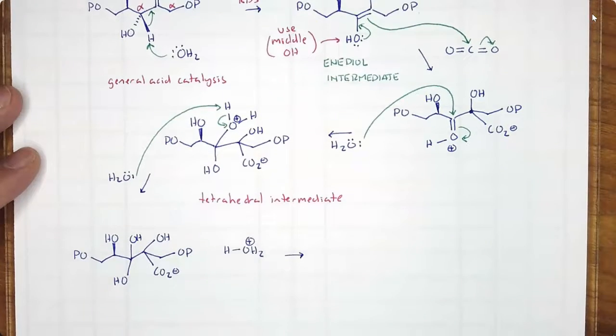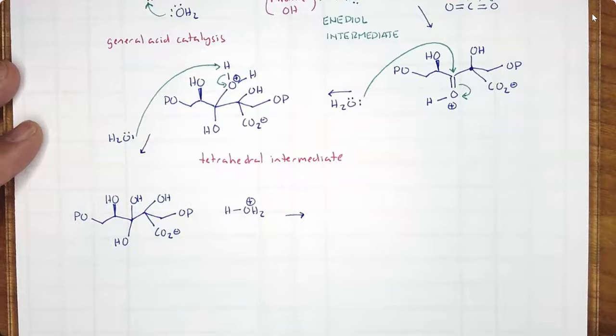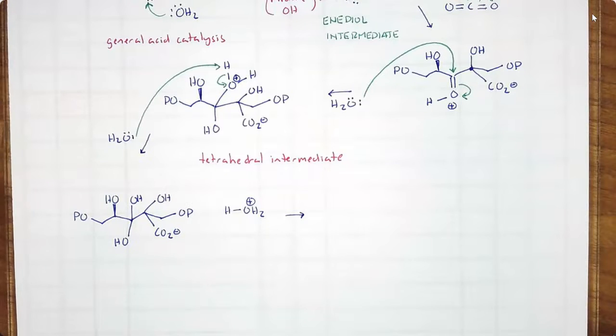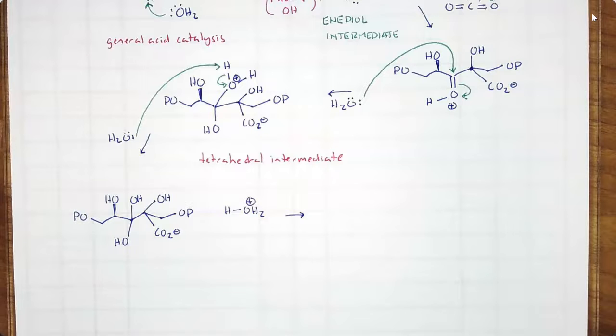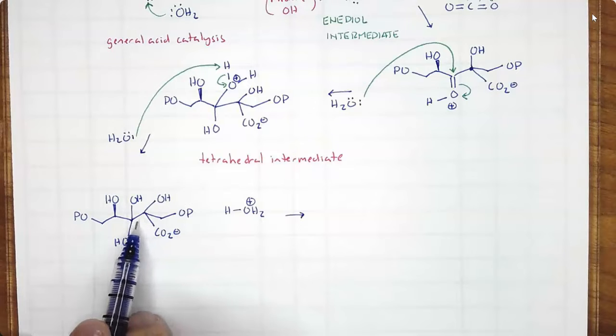Okay, are we getting anywhere close to a point where we could cleave this bond? Alright, we have this intermediate, and what I would do next is, let's go ahead and break this bond.